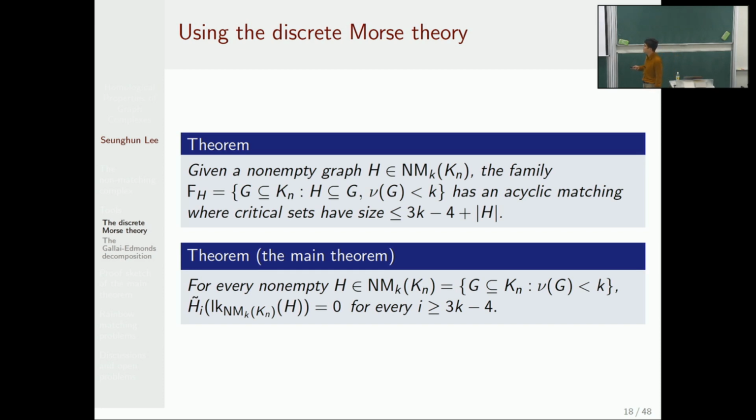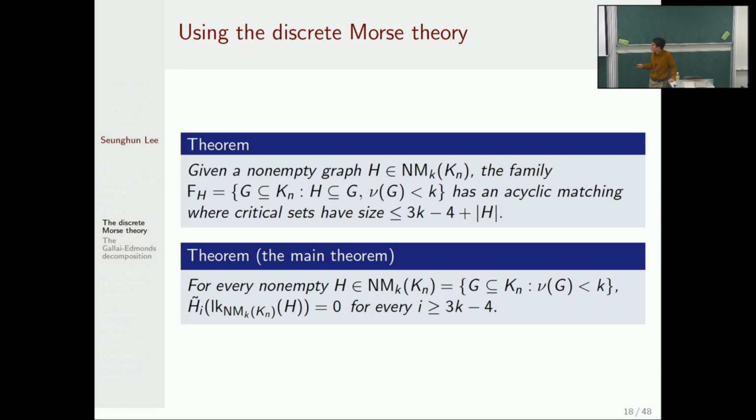the main theorem. Let us recall the main theorem here, the actual theorem we want to prove. Given a non-empty graph H, consider the family of all graphs in the complete graph such that it contains H and the matching number is less than K. This family has a cyclic matching where critical sets have size 3K minus 4 plus H. This family is isomorphic to this link as opposites of each other.